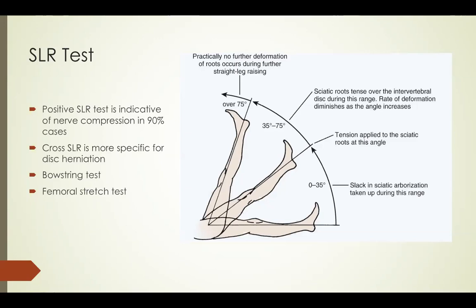So basically, when you raise the leg from 0 to 35 degrees, you take up all the slack in the sciatic nerve in your leg. From 35 to 75, the nerve actually glides in your spine. So if you have a disc herniation and your nerve is stuck there, that creates pain in your leg.